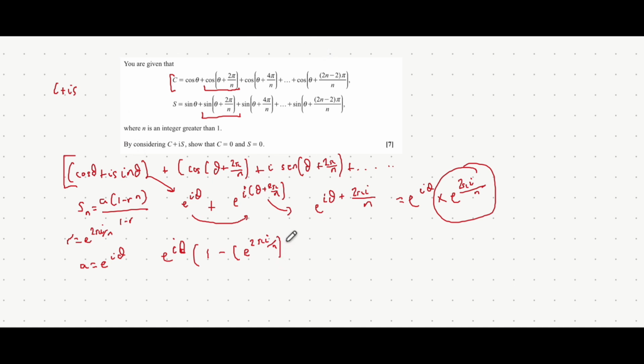Close brackets, all divided by 1 minus the common ratio that we just found, e to the 2 pi i over n.